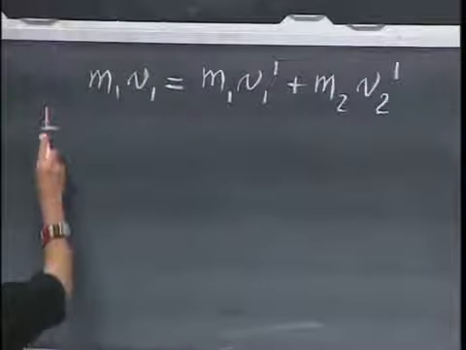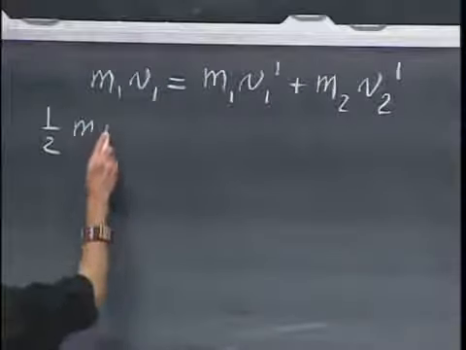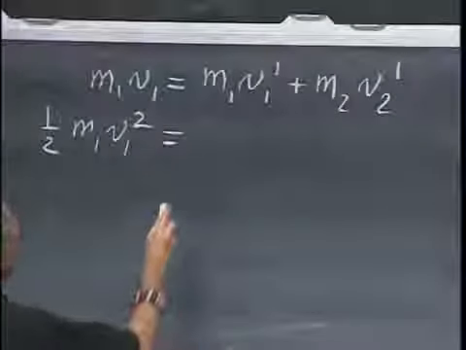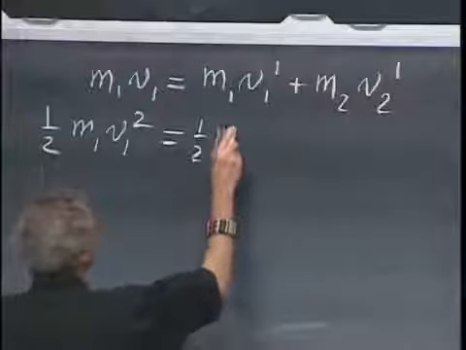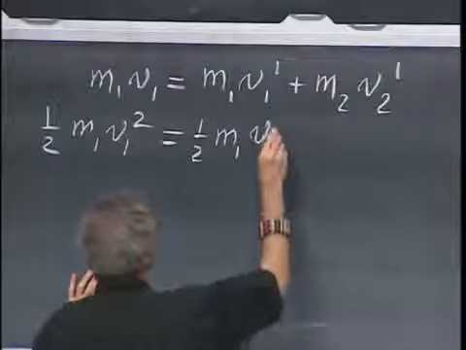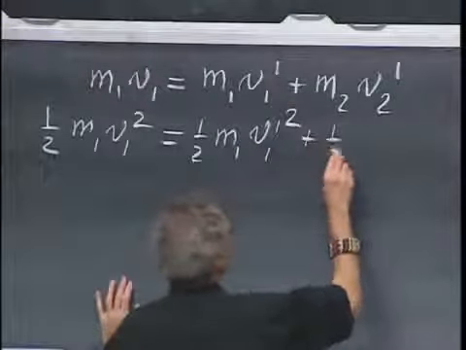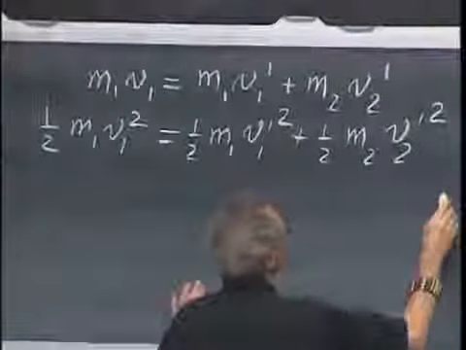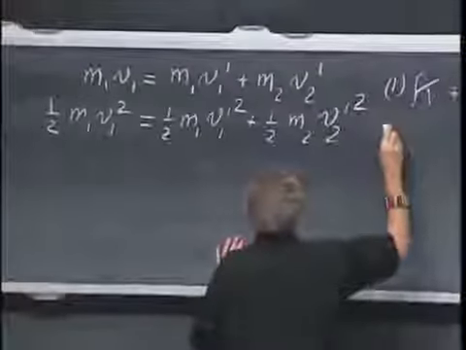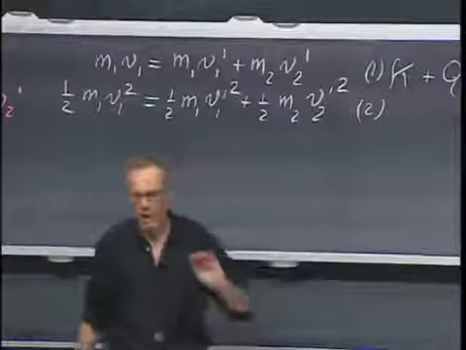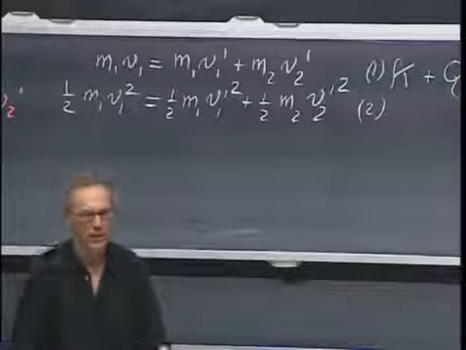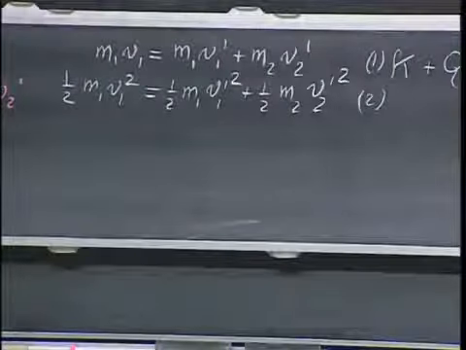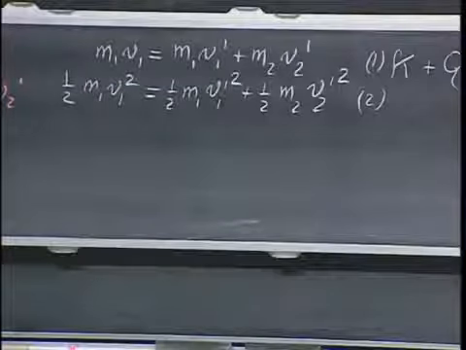And so I can write down now 1/2 m1 v1 squared, that was the kinetic energy before the collision, must be the kinetic energy after the collision. 1/2 m1 v1 prime squared plus 1/2 m2 v2 prime squared. This is my equation number 1, and this is my equation number 2, and they can be solved. You can solve them. They're solved in your book. I will simply give you the results, because the results are very interesting to play with. That's what we will be doing today.